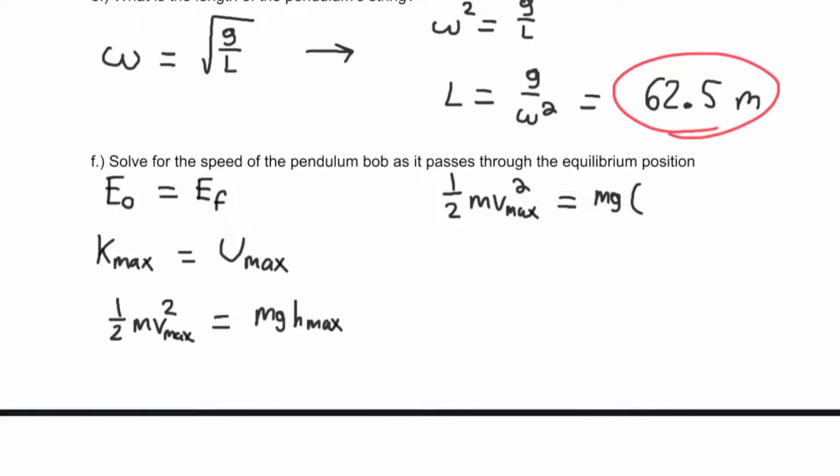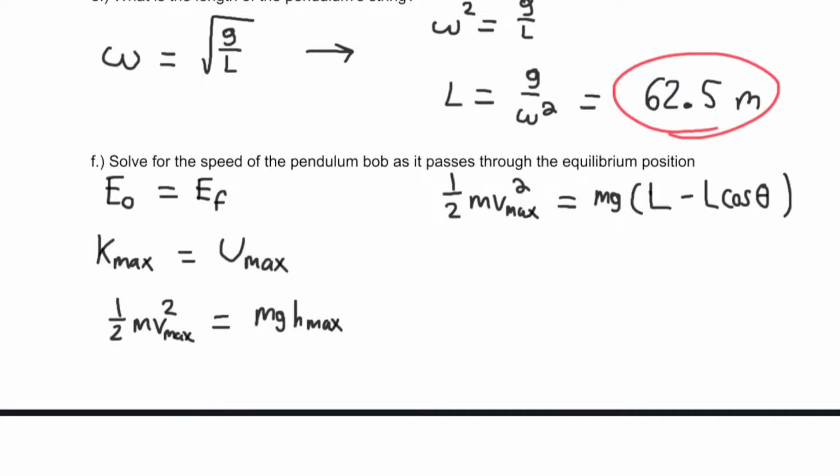Well, when the string's at the bottom, the bob is a distance of L below the ceiling. And then when the pendulum is at an angle of theta, it is a distance of L cosine theta below the ceiling. So the difference in these two quantities gives the height above equilibrium.